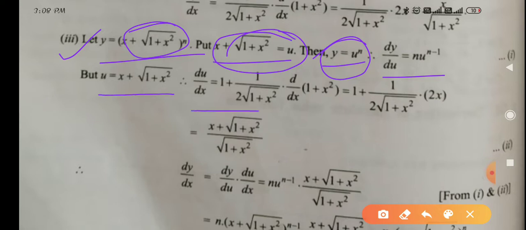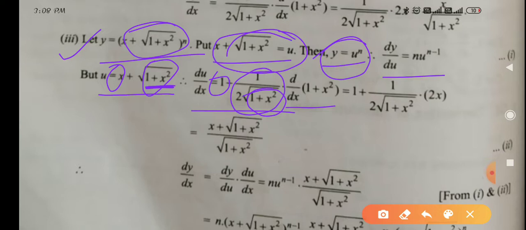So u equals x plus under root 1 plus x square. So du upon dx: differentiation of x is 1, and differentiation of under root 1 plus x square you just did before. So 1 upon 2 under root 1 plus x square, because it was not x, it is under root, so 1 plus x square differentiation again you will do, and that will come in multiplication.